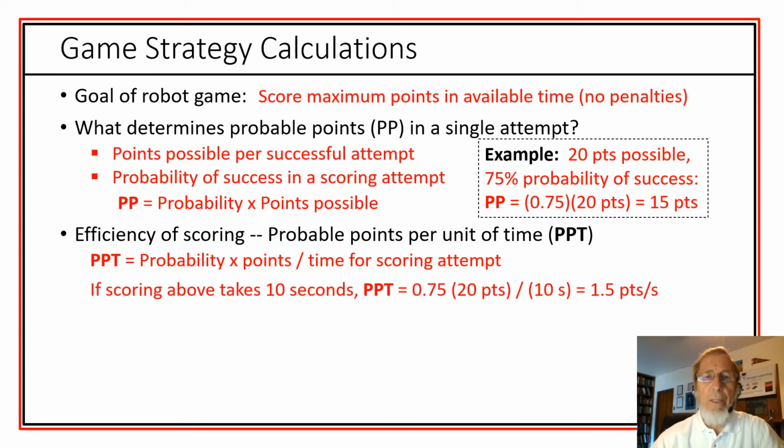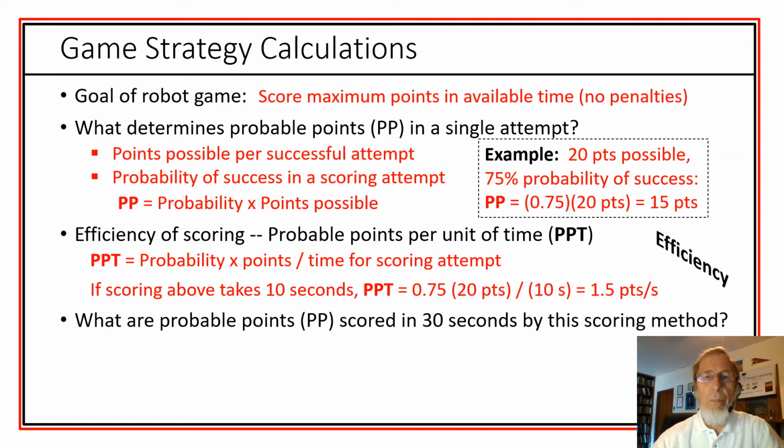So, if the scoring attempt that we listed above takes 10 seconds, the probable points would be 75% times 20 points divided by 10 seconds, or 1.5 points per second. This gives us a measure of the efficiency in scoring, how quickly we're able to score points.